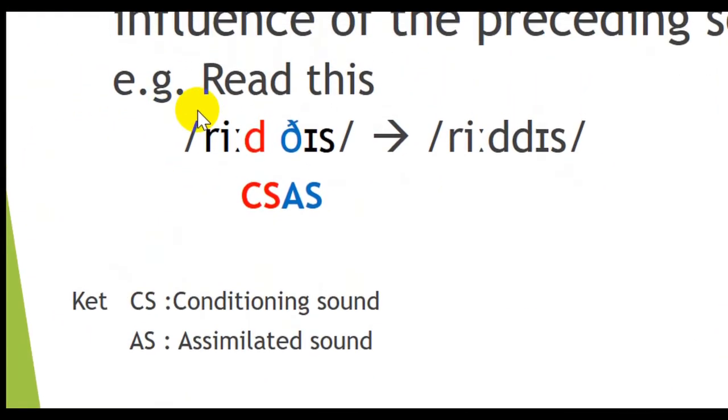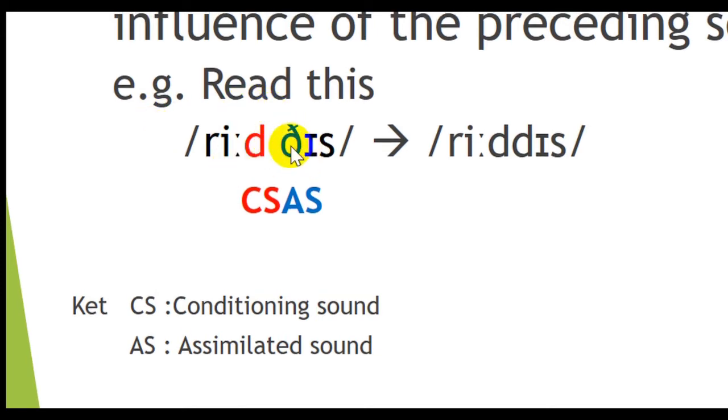Okay, if we say it here, "read," both are voiced. But the d is pronounced in the alveolar ridge, while the th is pronounced in the teeth, its dental sound.